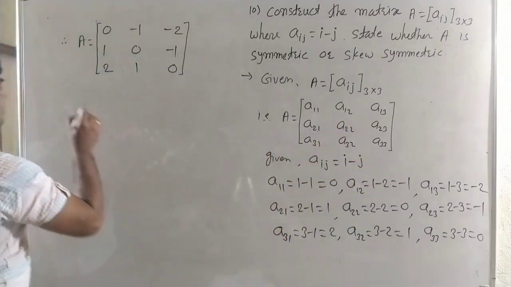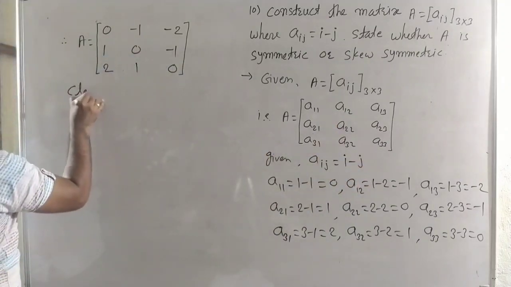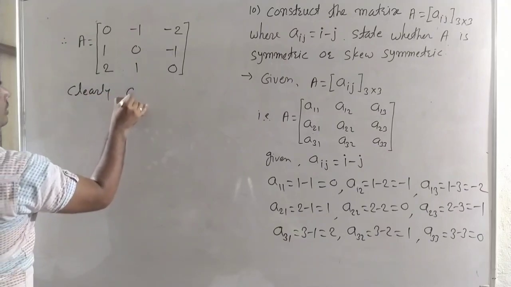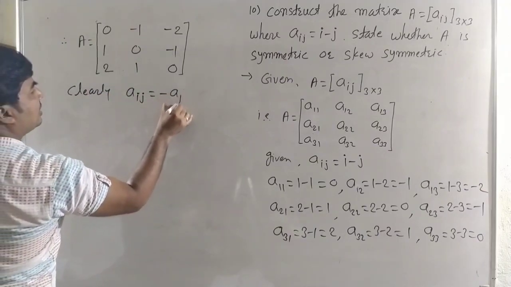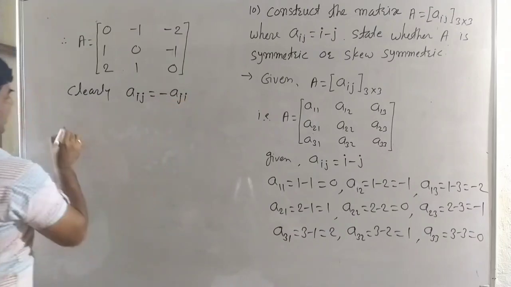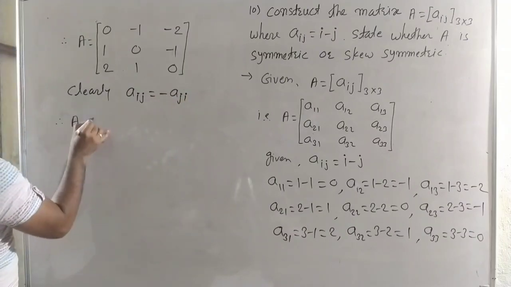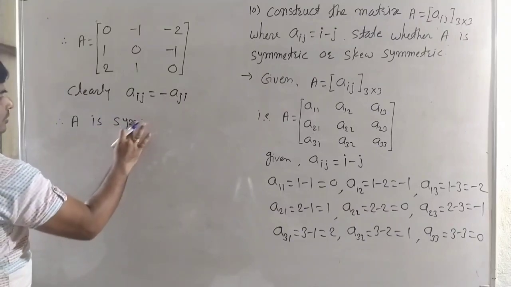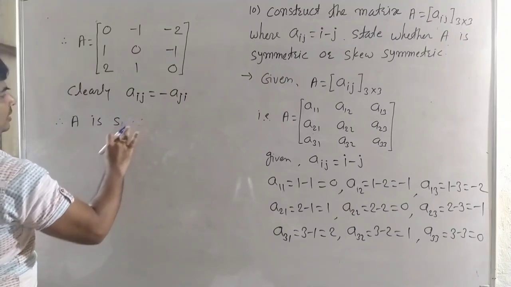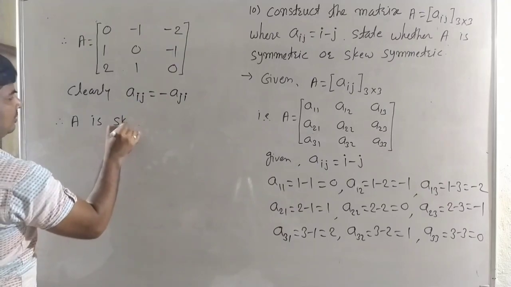Clearly aij is equal to minus aji, and therefore A is a skew symmetric matrix.